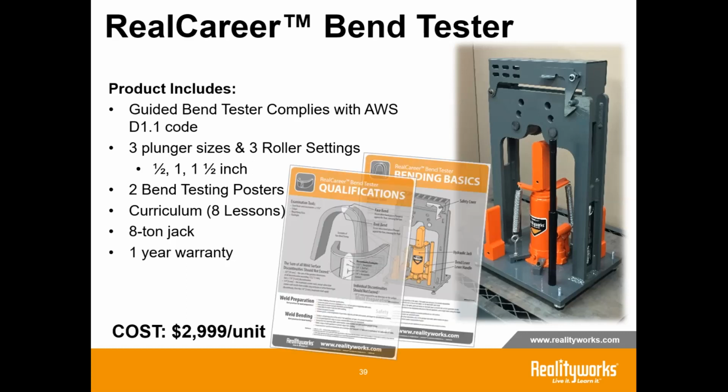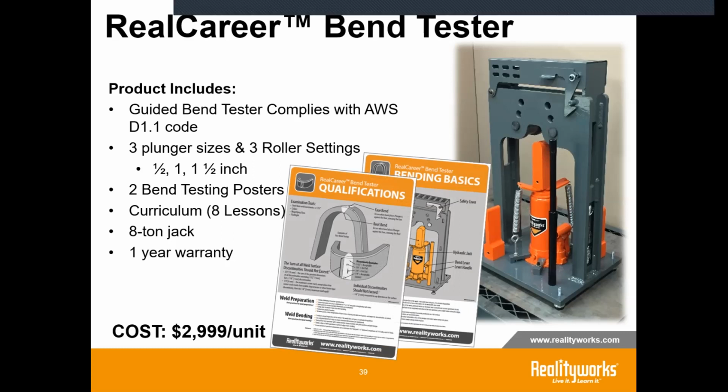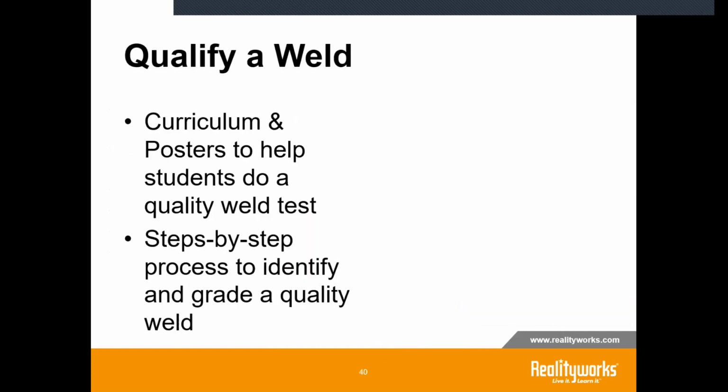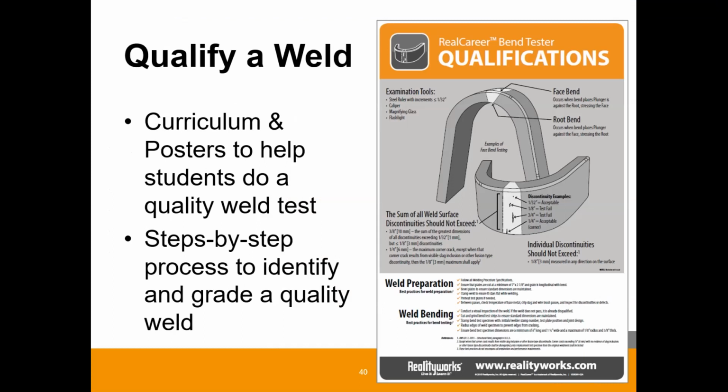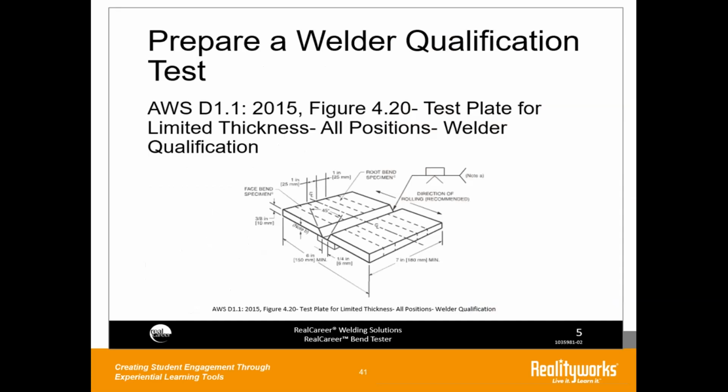As they're going through it, there are posters included to show what the qualifications are. Also the bending basics, what are the things you need to know about the bending machine? And then it goes into the different defects that you could have and still have a passed bend. It talks through how to bend and how to prep your weld so you're ready to go when you actually do a bend test.